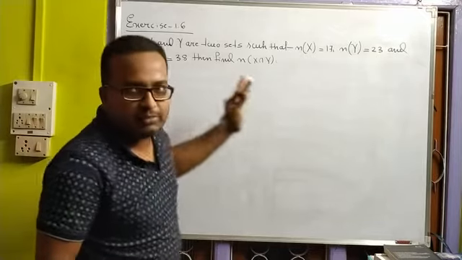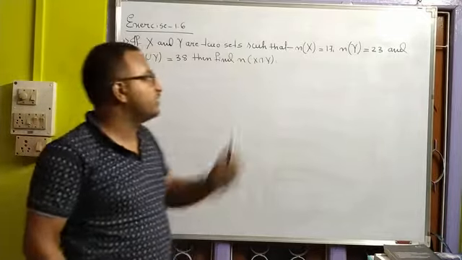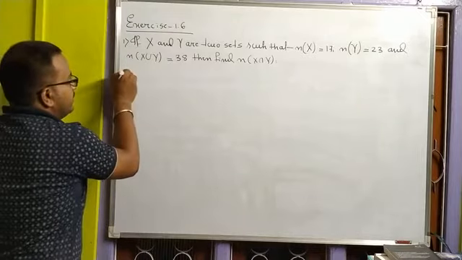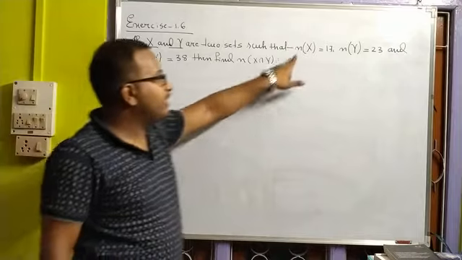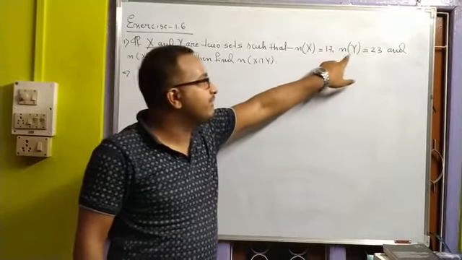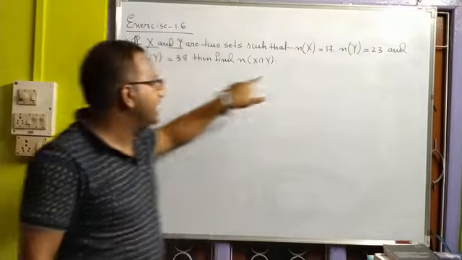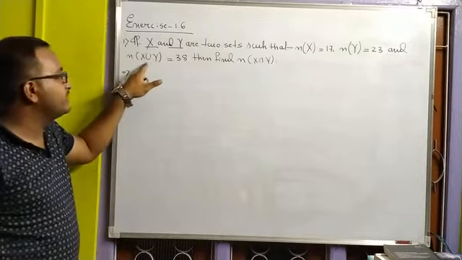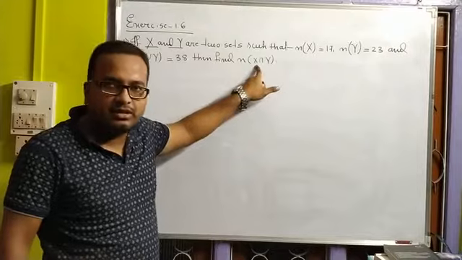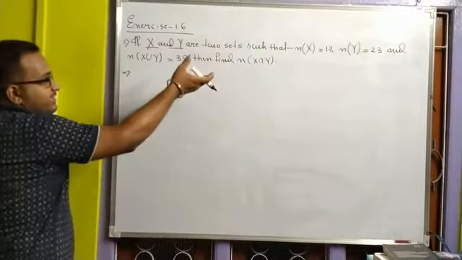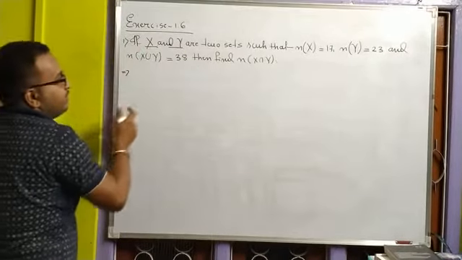So this is the first problem of your exercise 1.6. So let us solve the problem. You see, you are given 2 sets X and Y. You are given number of elements of the set X, number of elements of the set Y, and number of elements of X union Y. Right? Your job is to find number of elements of X intersection Y. So it is a very easy problem.